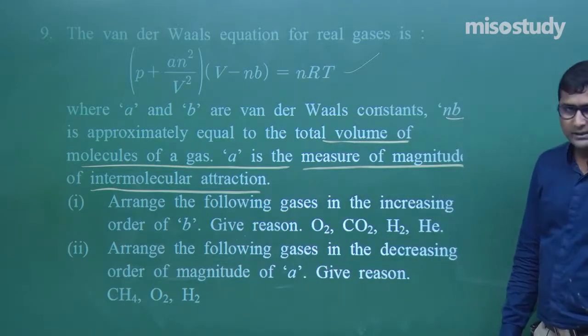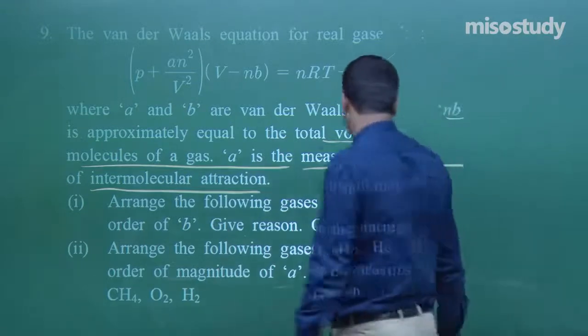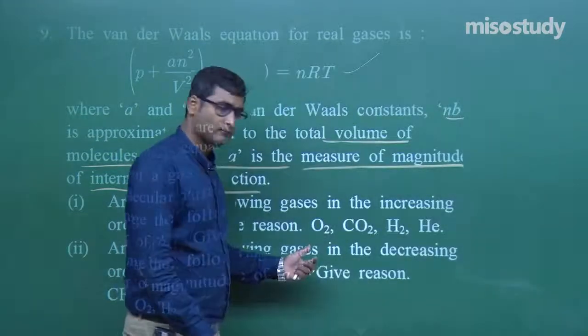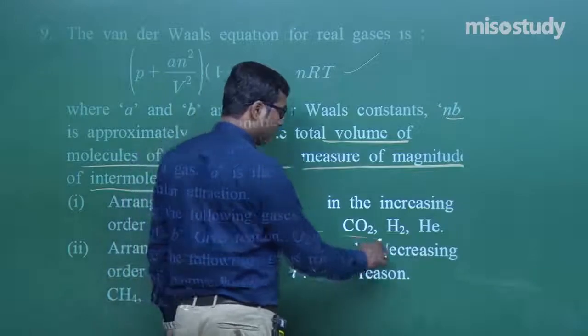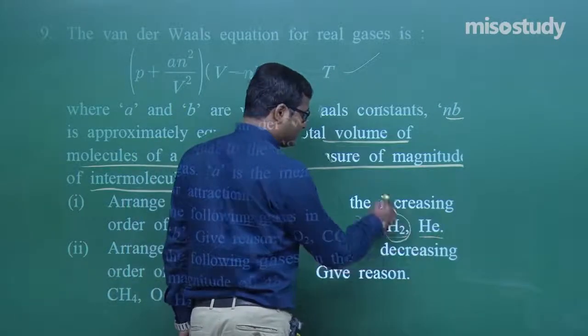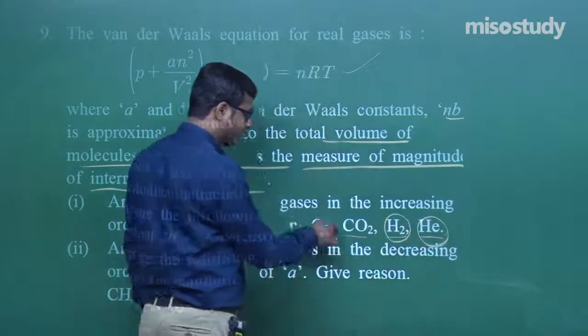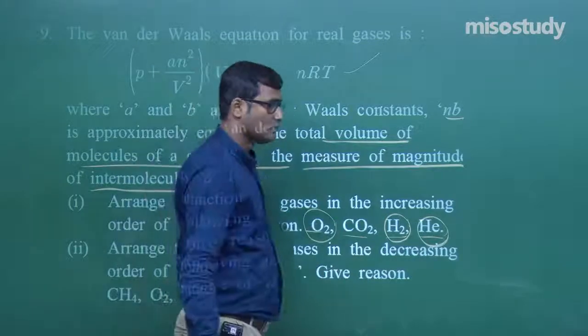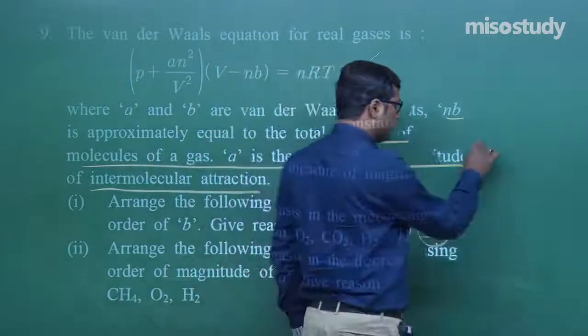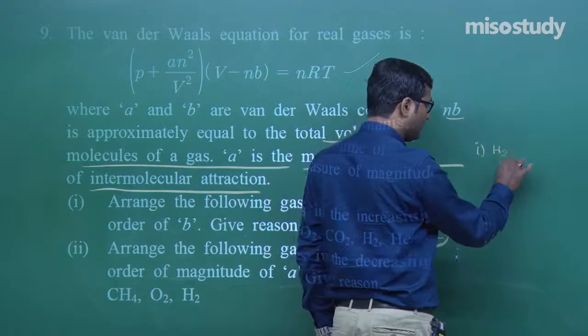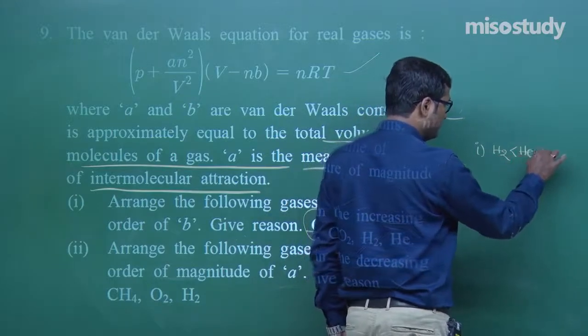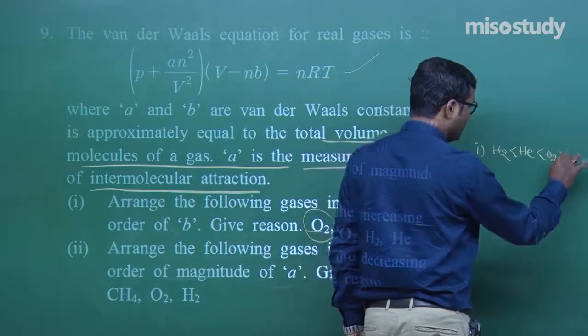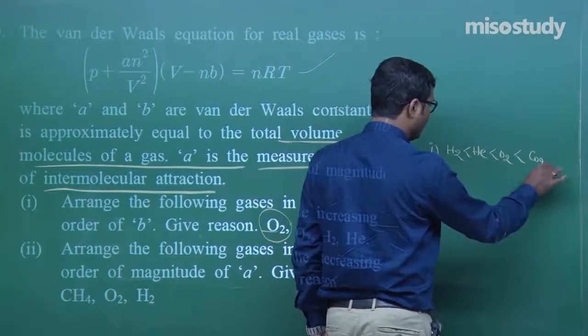The value of b increases. Which has more size? Tell me. Look at oxygen and CO2. H2 has less size than helium, then comes oxygen, then CO2. That is the order, my friend: hydrogen, then helium, then oxygen and then CO2.